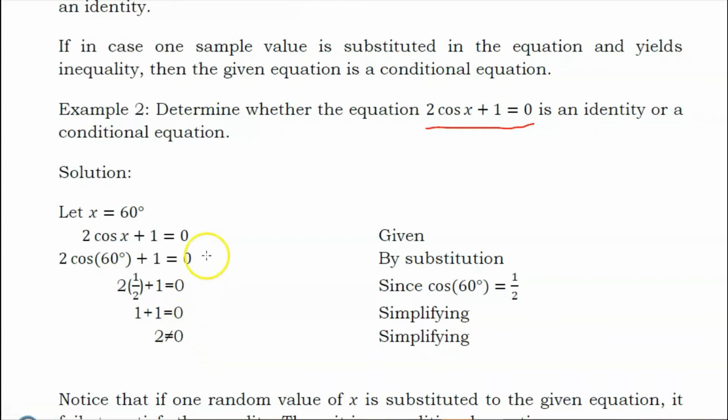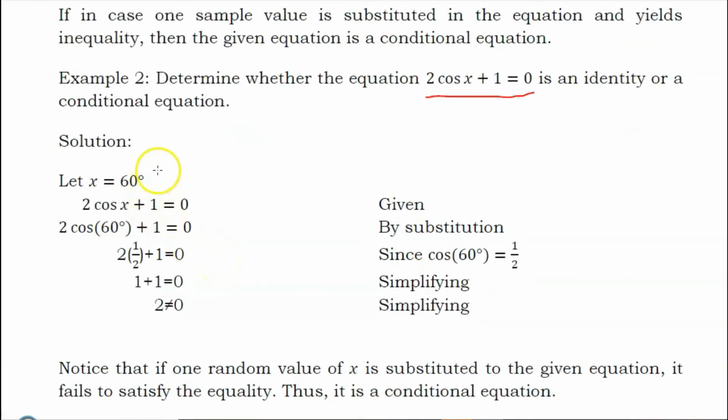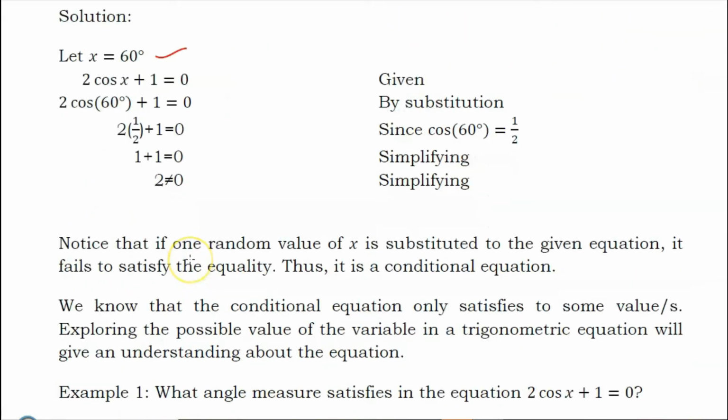Therefore, by just having this one substitution of x, we can already conclude that this equation is a conditional equation because it is not true for all values of x. You notice that if a random value of x is substituted into the given equation, it fails to satisfy the equality. So this is a conditional equation.